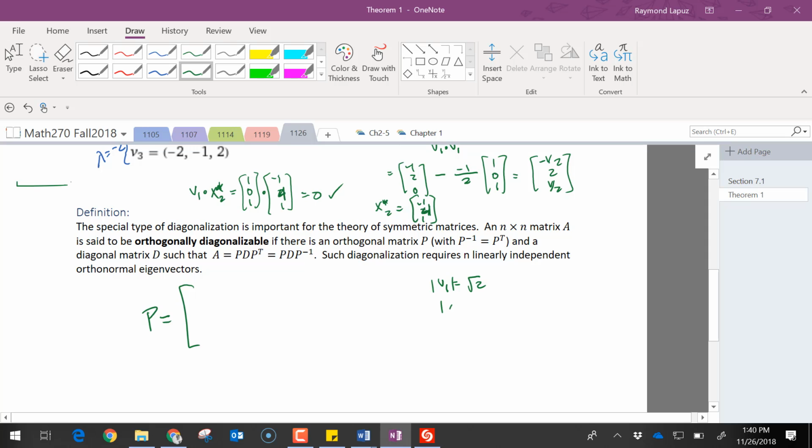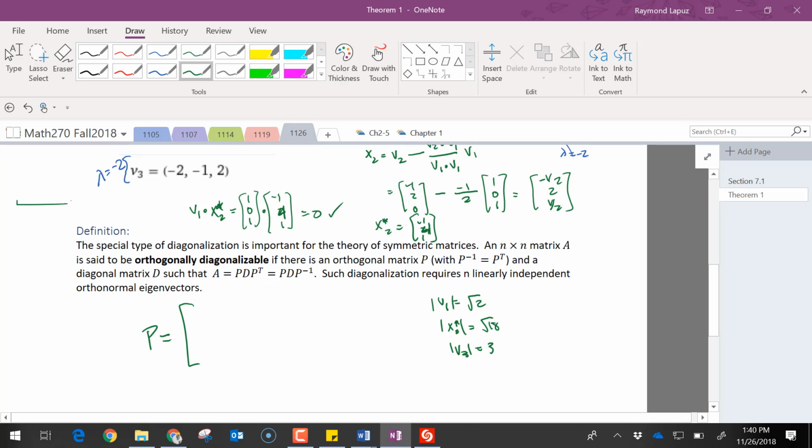The magnitude of x2 star, which is what we're replacing V2 with, would be 1, 16, 1, so that's square root of 18. And then the magnitude of V3 is 4, 4, 1, 9, so that's 3, right? So those are all the square roots.